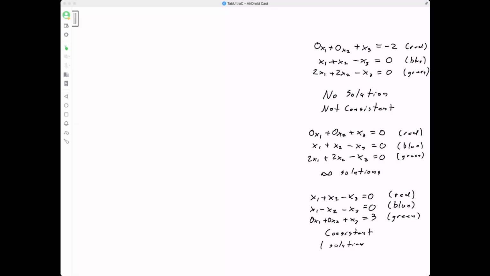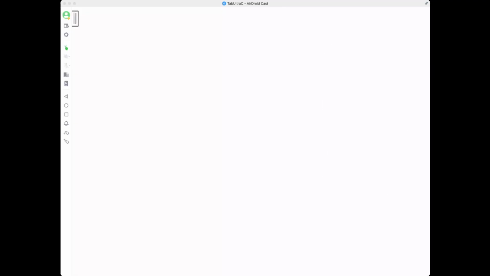So let's start with that last system, the one that had one solution. This is probably the one that most of us think of and is the most common one that you will see as a problem in a textbook in a class like this, but certainly not the only type that you will see.